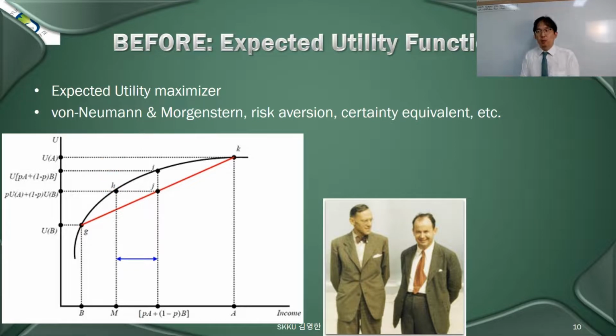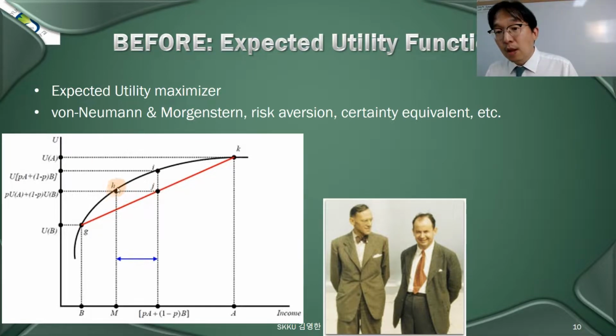What is the certain, risk-free cash payment to me that will make me as happy as joining that coin flipping of $1 million versus $0? Instead of going into that gambling, just give me some risk-free payment, and I'll be just as happy as doing that gambling. That's this point, H.